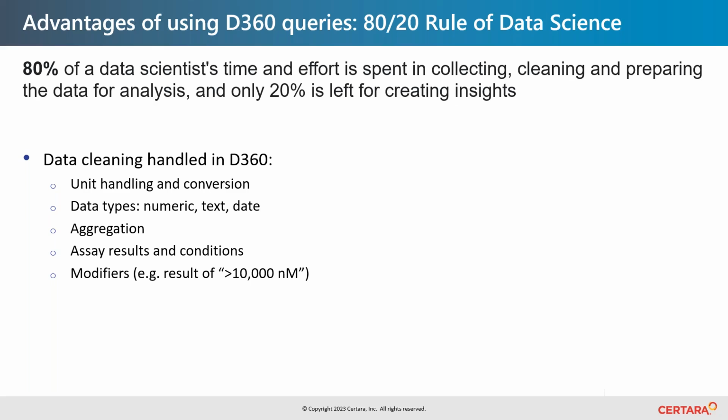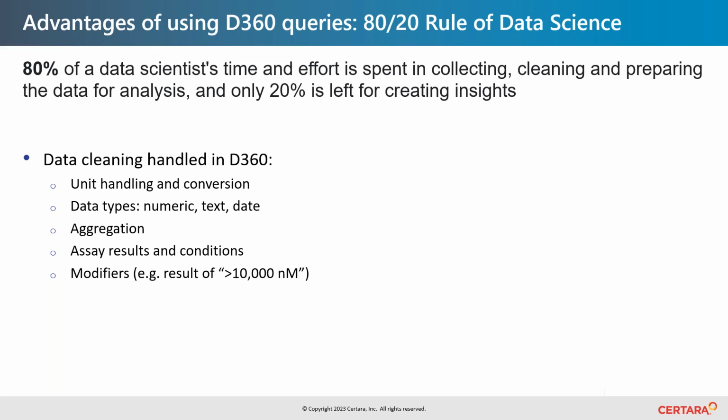And only 20% is left for the modeling itself and the part that they actually are interested in. So that's quite a lot of time that is wasted on things that could be automated.